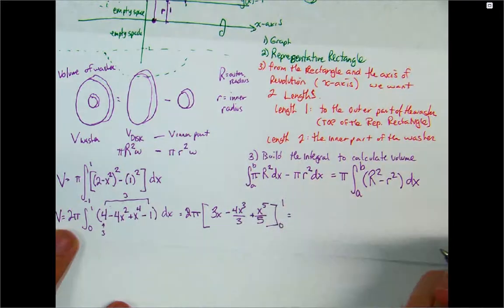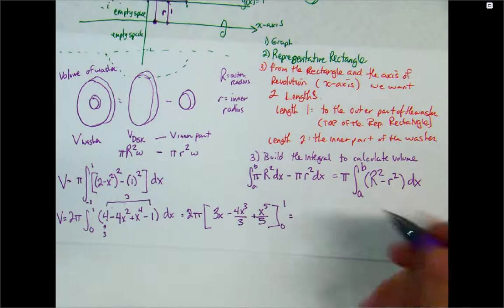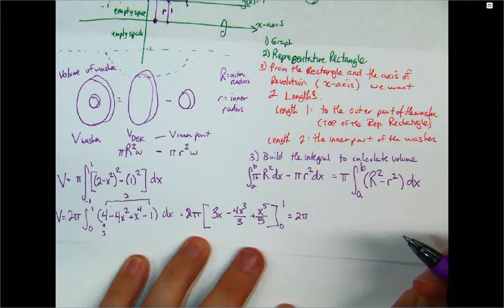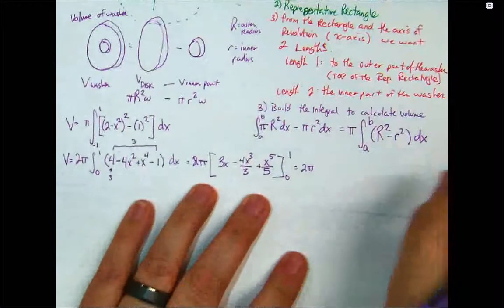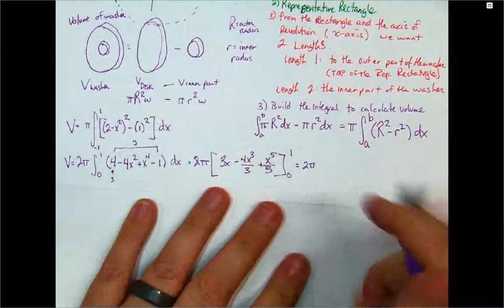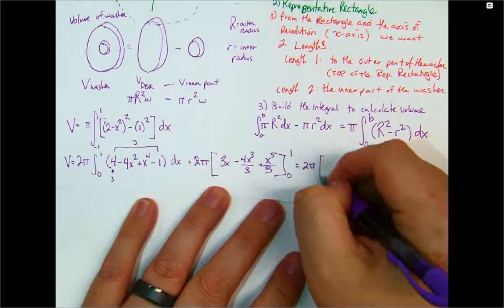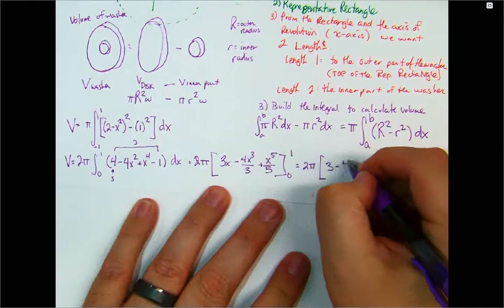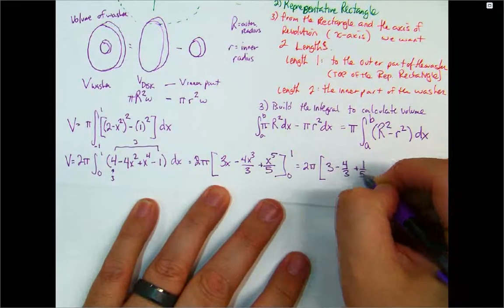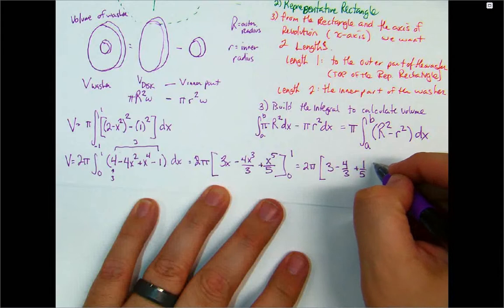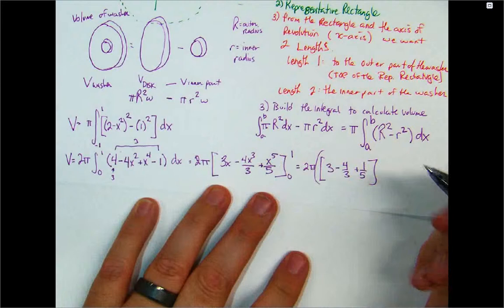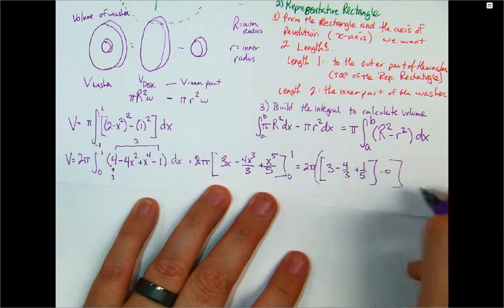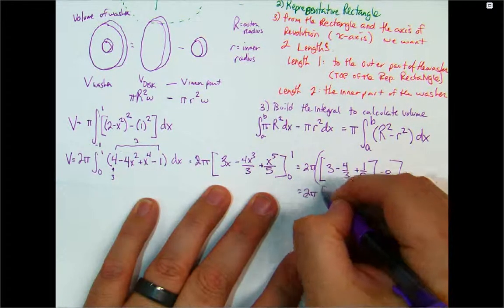So yeah, it's a little bit of algebra, but we have mad algebra skills, so this ain't nothing. I didn't say I had good grammar, though. Alright, 2 pi. Let's plug in a 1. So I'll get 3 minus 4/3 plus 1/5. And put in a 0, what do I get? 0. Alright, so that's 2 pi times, now I got to figure out this garbage. Now what's the common denominator? 15.